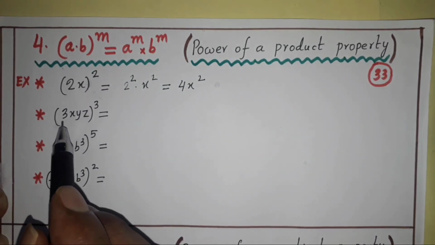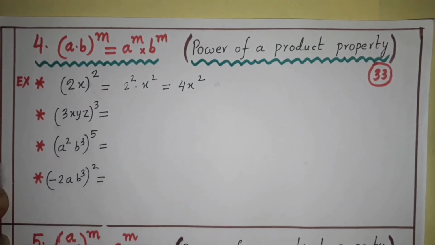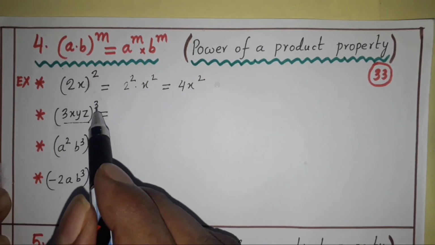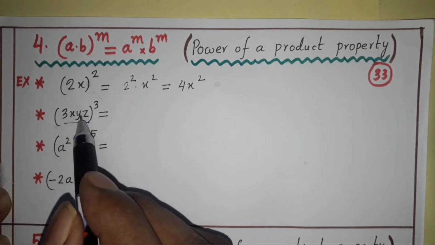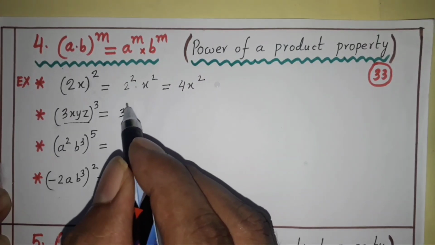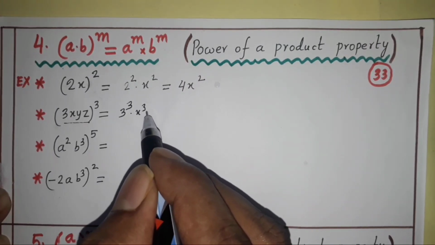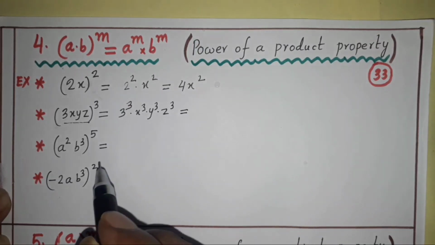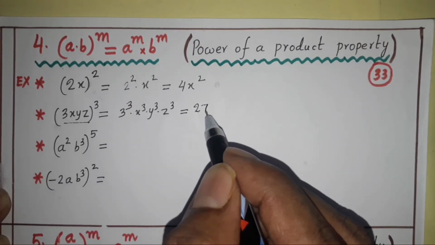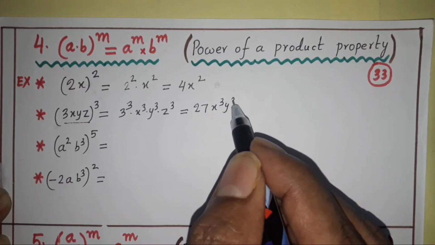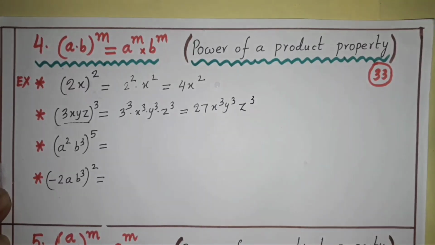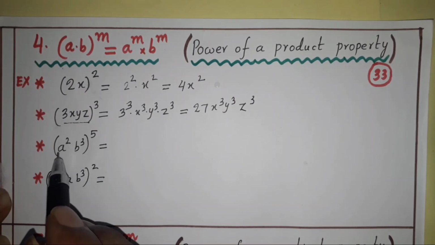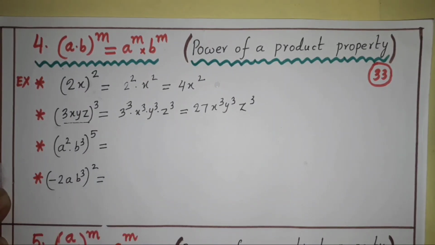In the same way, (3xyz) whole cube. Inside, it is total multiplication only. So this cube belongs to each and every number inside the bracket. That means 3 cube into x cube into y cube into z cube, which is equal to 27x cube y cube z cube. Next, (a square into b cube) whole power 5.